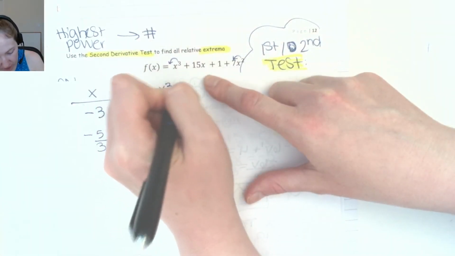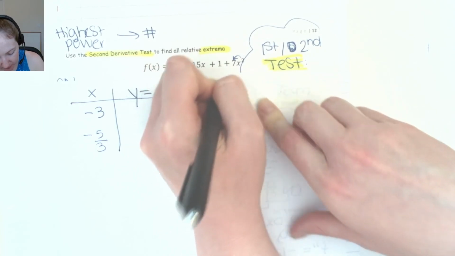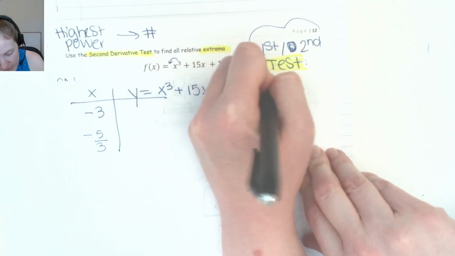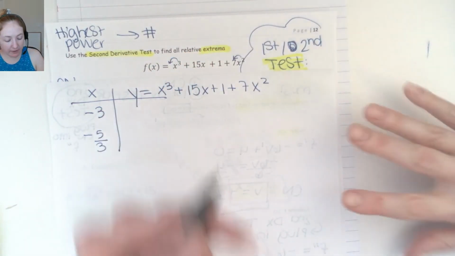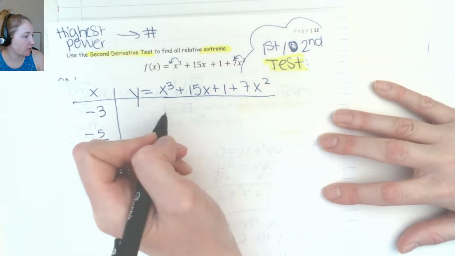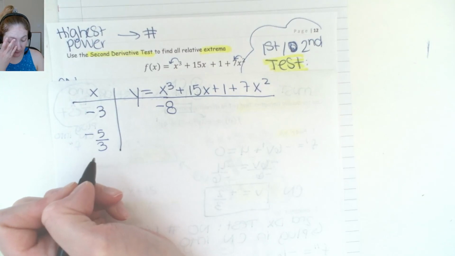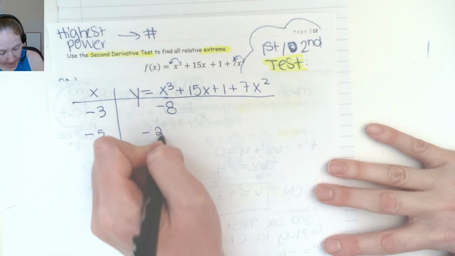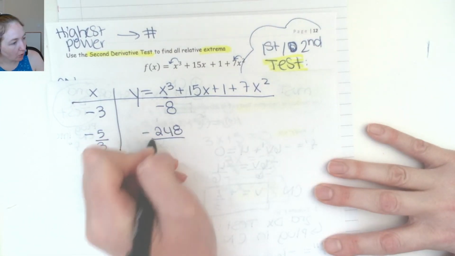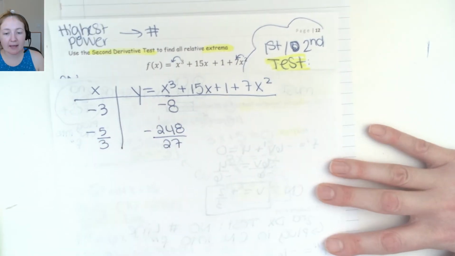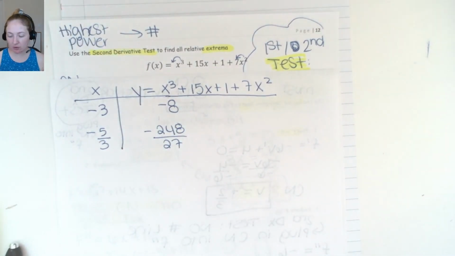So the x cubed plus 15x plus 1 plus 7x squared. And if you plug in the -3 into that original function, you'll get out -8. And if you plug in the -5/3, you'll get out the -248 over 27. And that's where using that math feature on your graphing calculator can be very helpful.